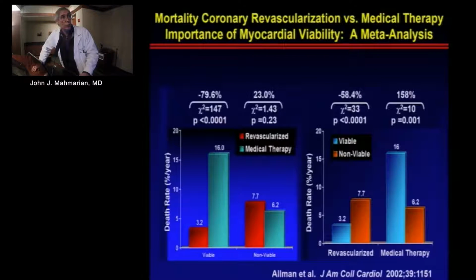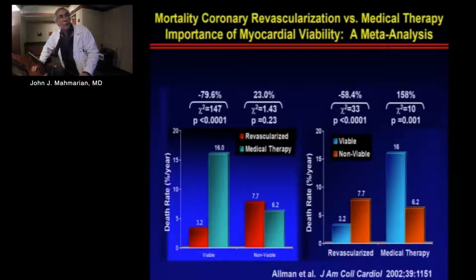And I want you to particularly look at the right side of the screen, because you can see in patients that were revascularized, if they were viable, they had a very low mortality rate, and if they were non-viable, it actually went higher. Whereas if you look at the patients who received medical therapy, if they were viable, they had a very high mortality rate.